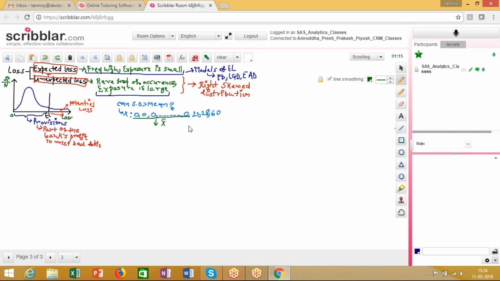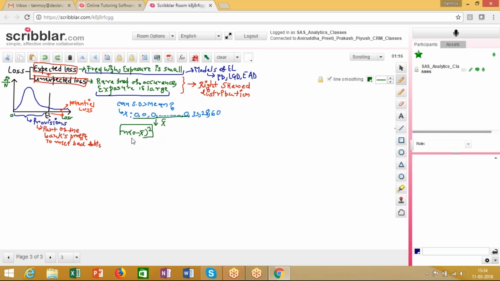Pull the X bar down. And when you do that, 0 minus X bar whole square into n, the number of times you have 0, this component will pull the standard deviation up.